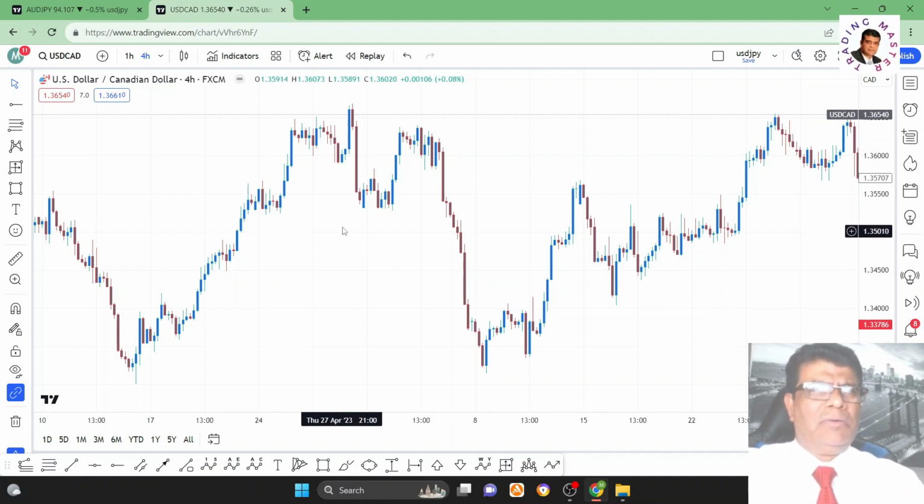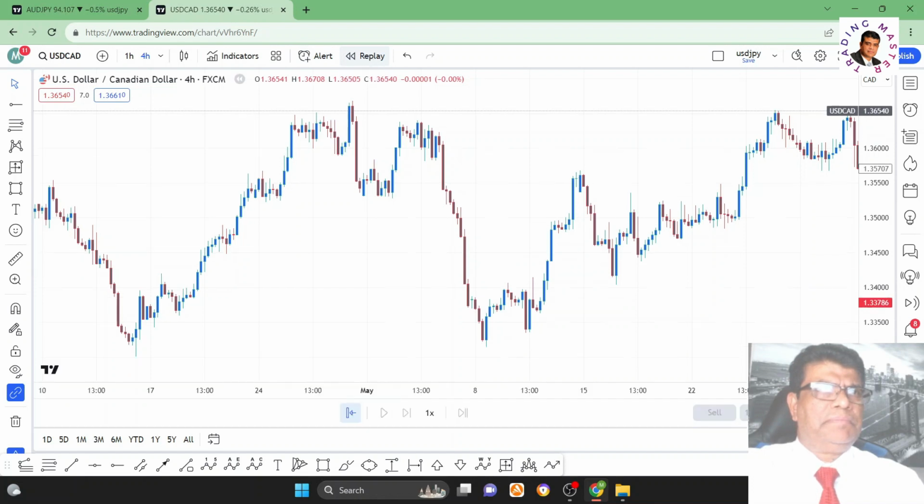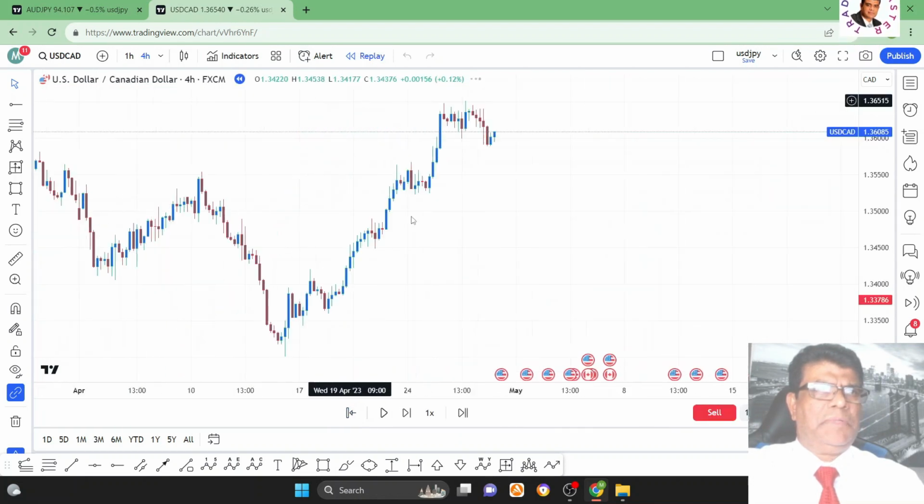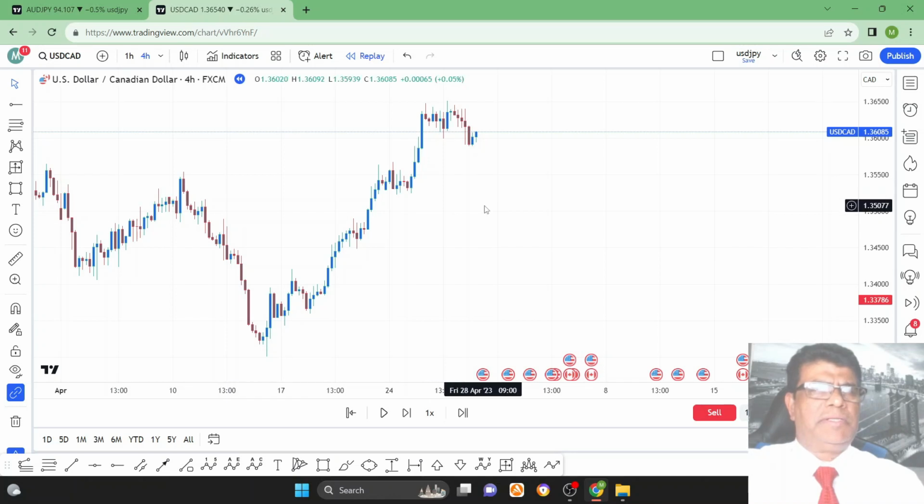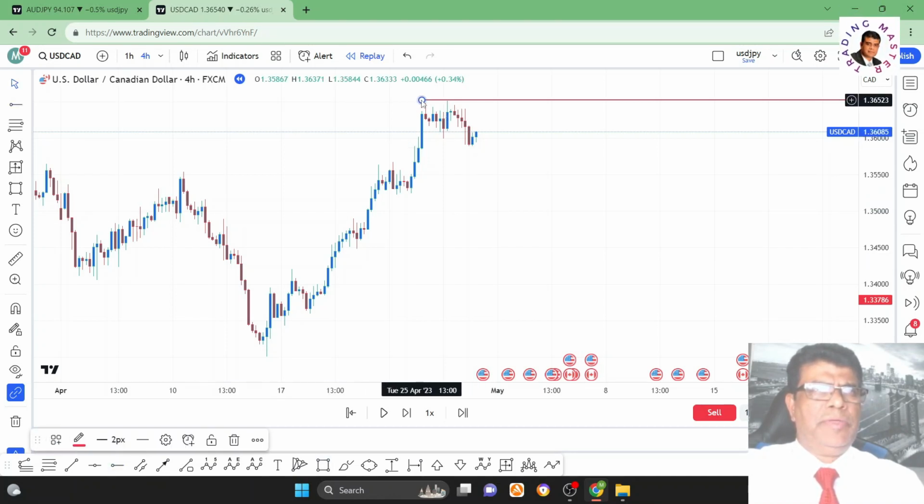Okay, so now remember earlier I gave you an example about the order block. So now look at this whole section. Okay, this area. Now let me delete this part. Now look at this. This green candle actually registered the highest point.